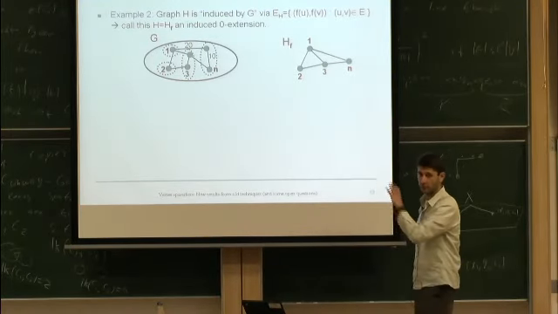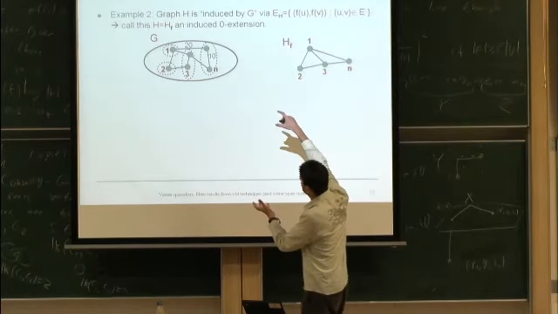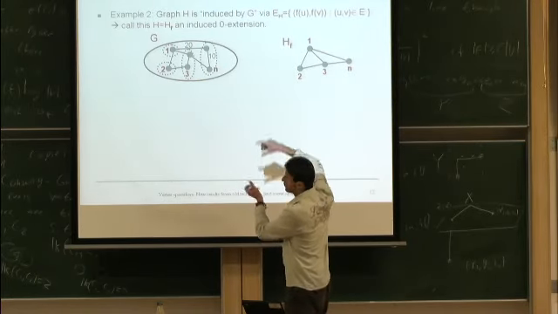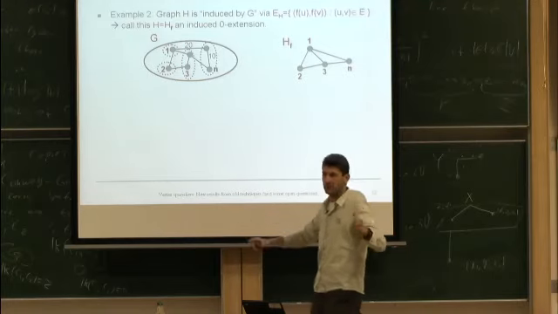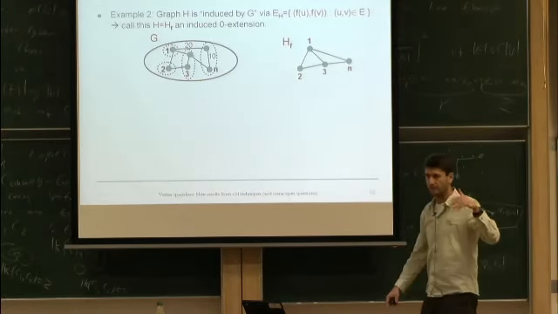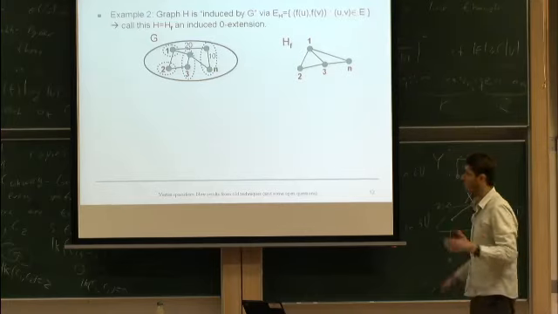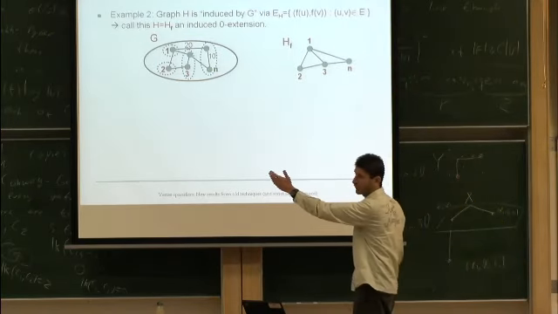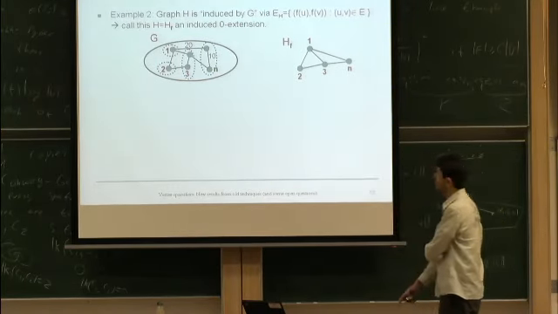Okay, the length is not important here, just the location of edges. So basically I contract this blue blob into one vertex and so on, and then I get a graph, maybe with parallel edges, so I ignore the parallel edges. But this gives me the structure of H. The structure of H is just determined by the structure of G. Okay, so I call it induced from G.